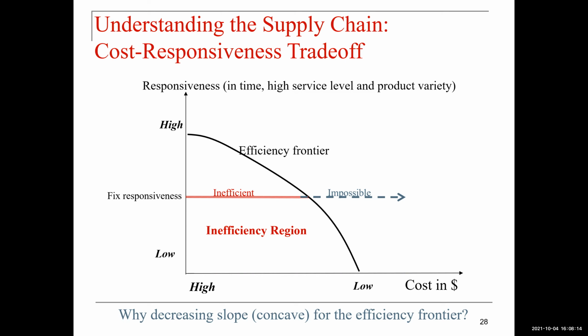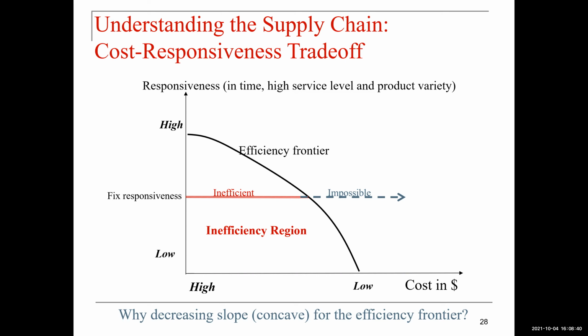What we're trying to illustrate here is that if the cost is very high, we need to be very responsive to the customer needs. And then as we move towards the right, lower cost, that responsiveness can start slowing down or going down, as you can see in that curve.